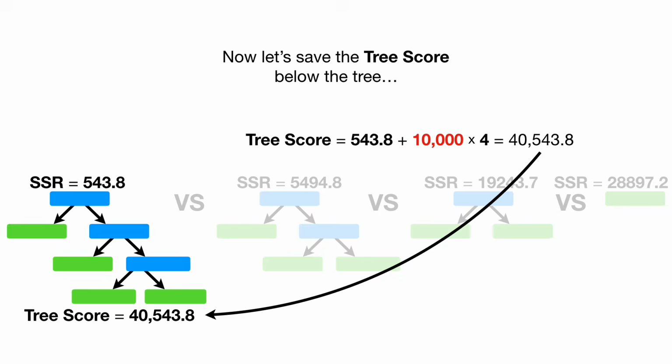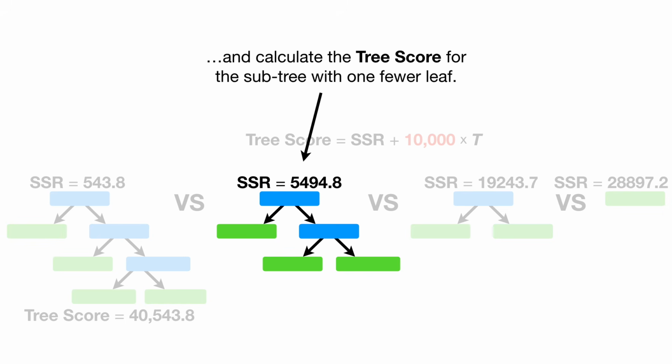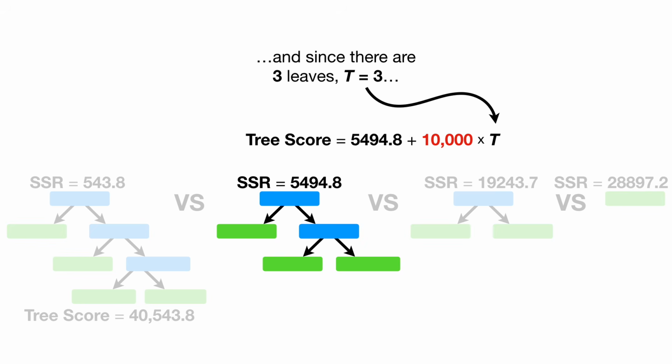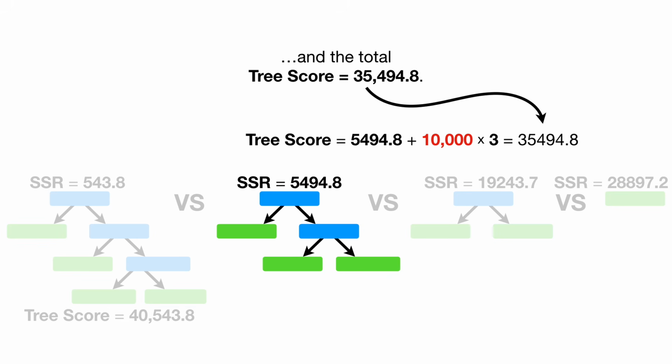So the tree score for the original full-size tree is 40,543.8. Now let's save the tree score below the tree and calculate the tree score for the subtree with 1 fewer leaf. The sum of squared residuals for this subtree is 5,494.8. And since there are 3 leaves, t equals 3, and the total tree score equals 35,494.8.